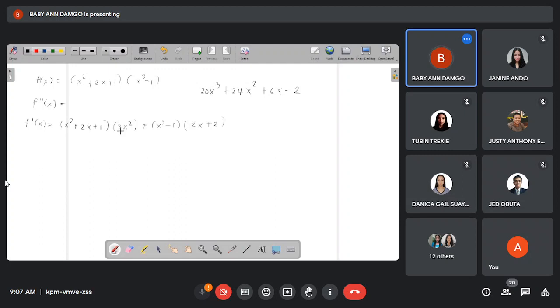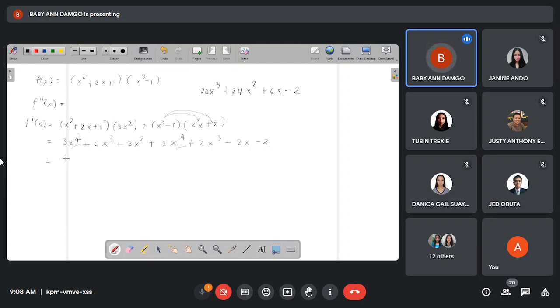Simplify: this is 3x to the fourth plus 6x cubed plus 3x squared plus 2x to the fourth plus 2x cubed, and this one is minus 2x minus 2. Combine like terms.